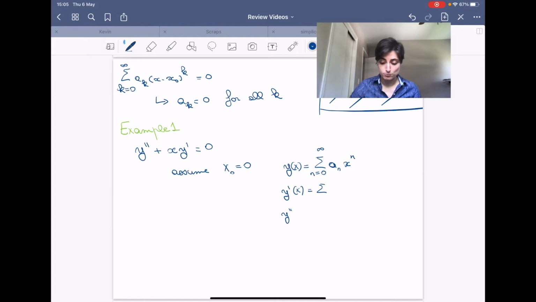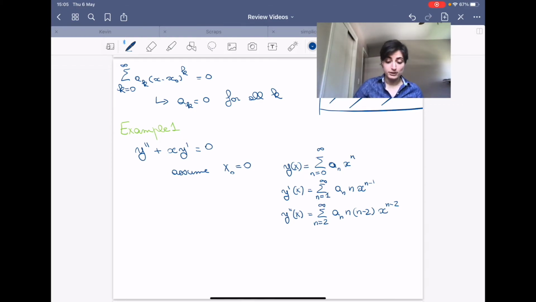But this, between other ways, can be written as the sum for n from 1 to infinity of a_n times n x to the n minus 1. So I have taken the derivative of every single term of the power series. And the second derivative can be written as the sum for n equals 2 to infinity of a_n n (n minus 1) x to the power n minus 2.